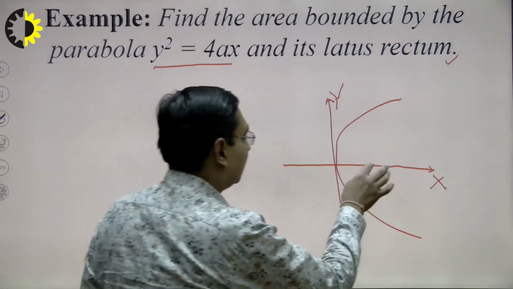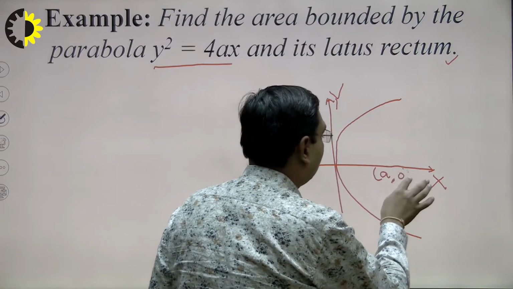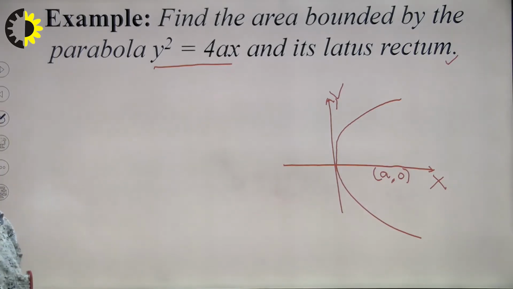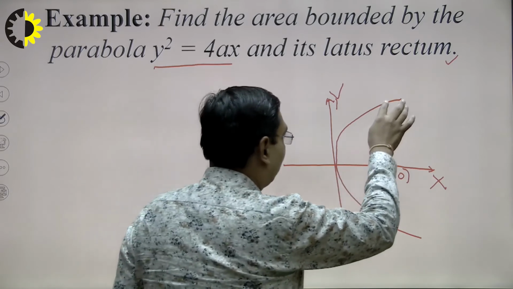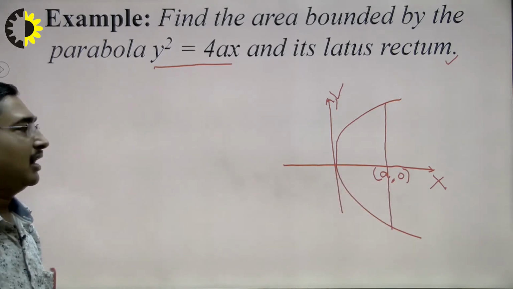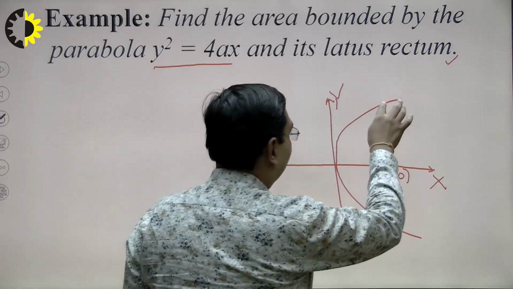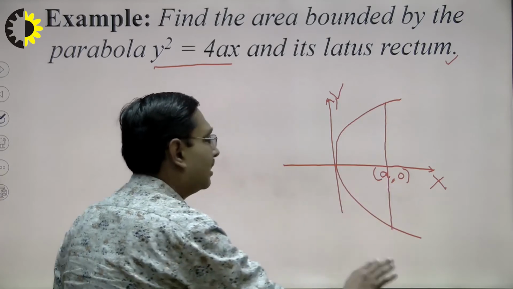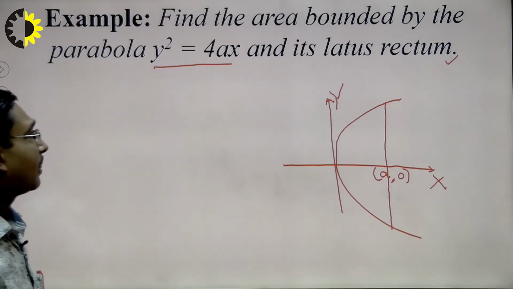This is the point A, 0, which is called the focus of the parabola. To draw the latus rectum, we draw a line through the focus which is perpendicular to the axis of the parabola, and in this manner this line is the latus rectum of the given parabola.